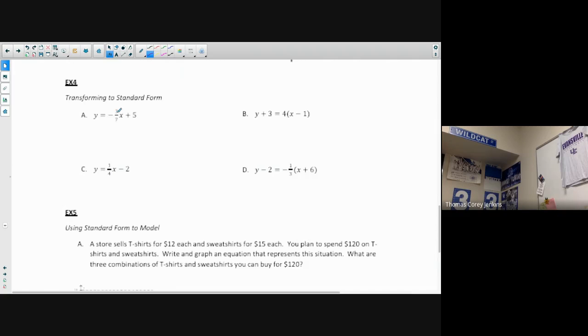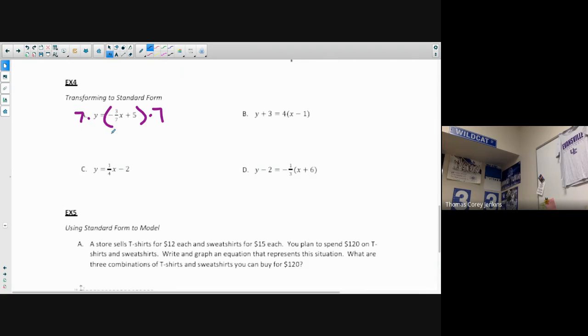To get rid of my fraction here, I'm going to multiply by 7. It doesn't matter if you do 7 or -7, but you've got to get rid of that denominator. So I'm going to multiply both sides of my equation by 7. Again, these aren't super important, so if you don't get this, it's not the end of the world.